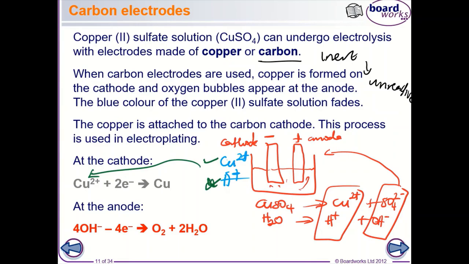What takes place at the cathode? That is reduction, which is gain of electron. So copper goes in to gain electron, and it becomes discharged as copper metal. So you find it being deposited on this electrode.